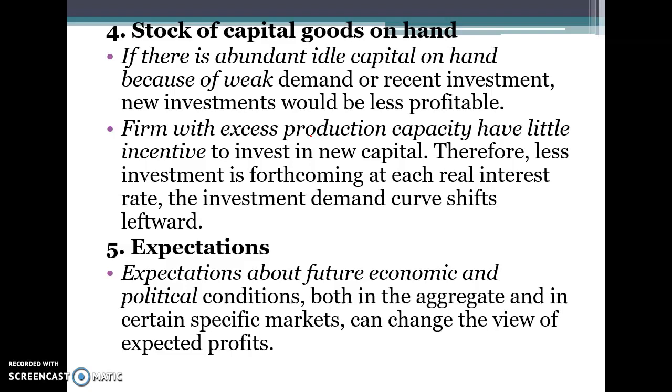But if the firm has demand to produce 60 or 70 fans per day, and the plant cannot produce that even at maximum capacity, then the owner has the incentive, or the reason, to invest in the new project. Therefore, less investment is forthcoming at each real interest rate, and the investment demand curve shifts leftward.